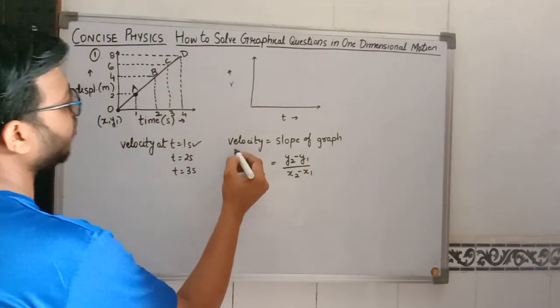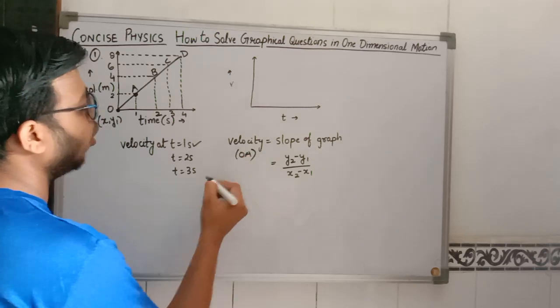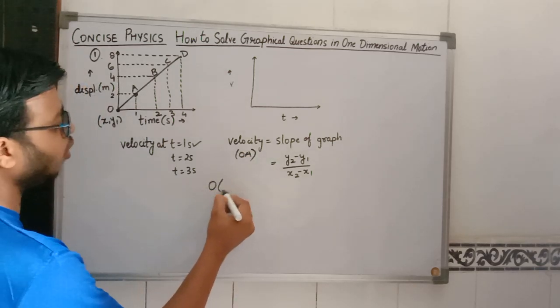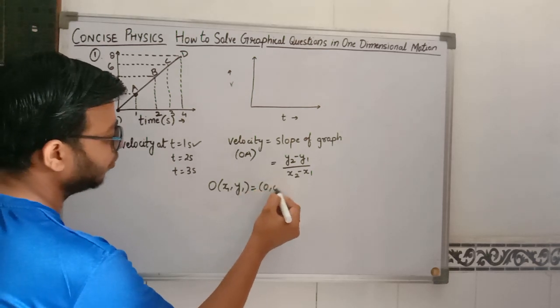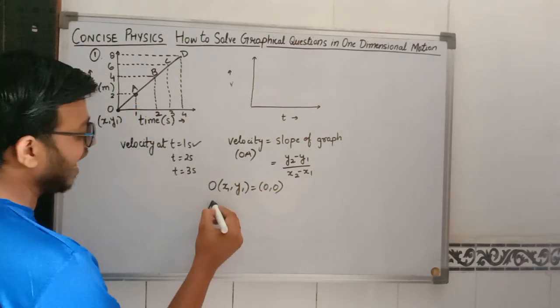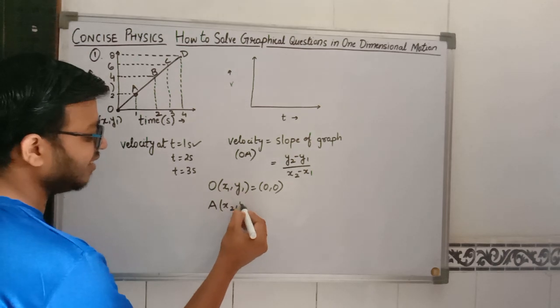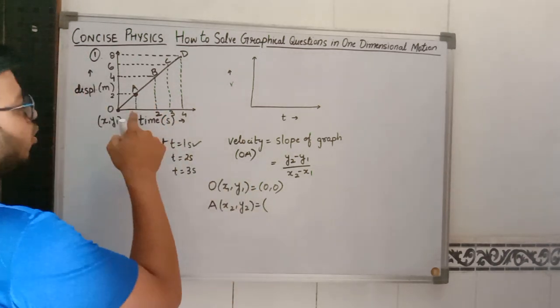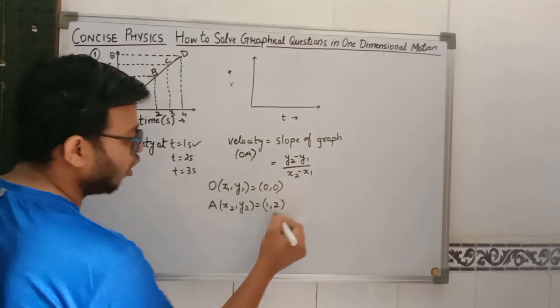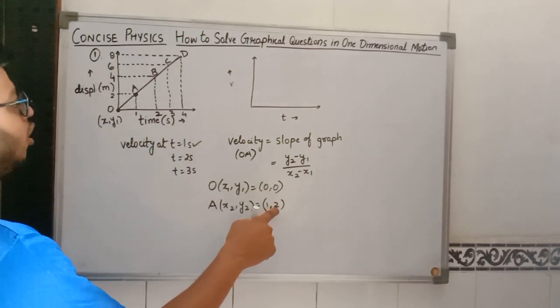So basically we are finding the velocity in part OA. The coordinate of O, that is x1 y1, is 0, 0 because this is the origin. And the coordinate of A, we can consider as x2 y2, that is 1 comma 2, because the abscissa is 1 and the ordinate is 2.